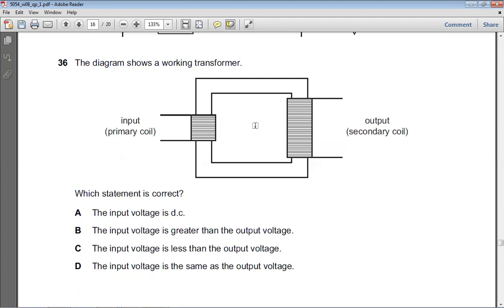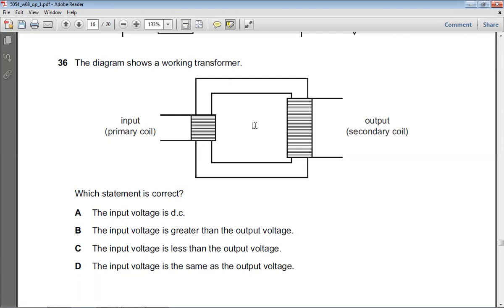Which statement is correct? The input voltage is DC. No, to transformers we always give alternating current because they only work on alternating current. The input voltage is greater than the output voltage. That is also wrong. It's a step up transformer because the number of turns on the secondary coil is more, so the output voltage will be larger than the input voltage.